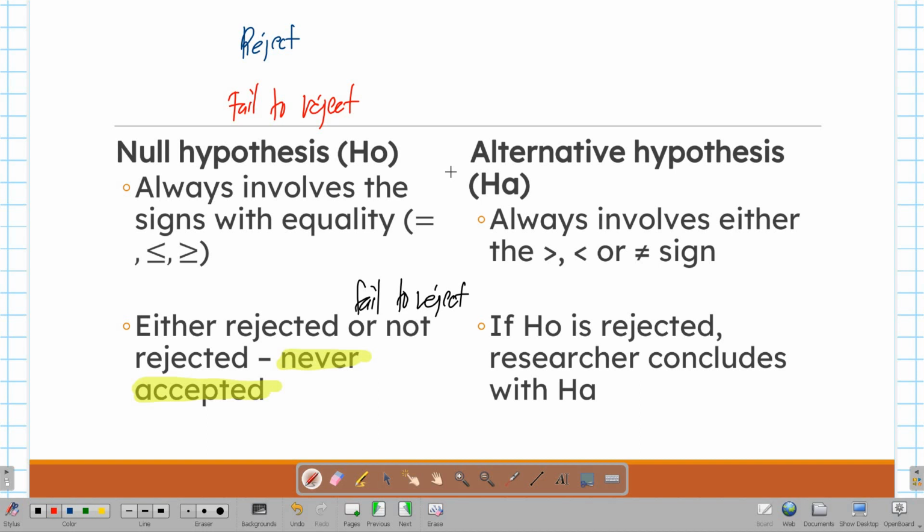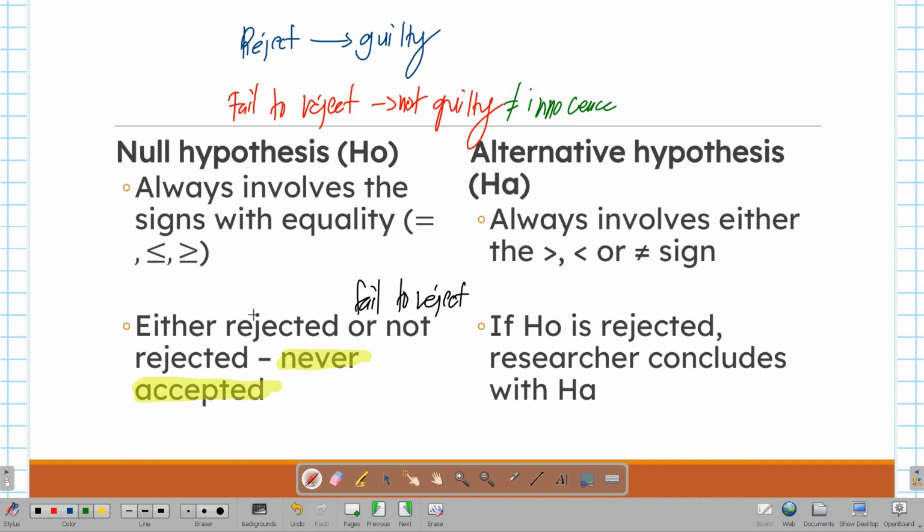Now, we can liken this to being in court, wherein if the null hypothesis is rejected, this is considered as guilty. But fail to reject is considered not guilty. But remember, being said that you're not guilty does not equate to innocence, because you might have done the crime.